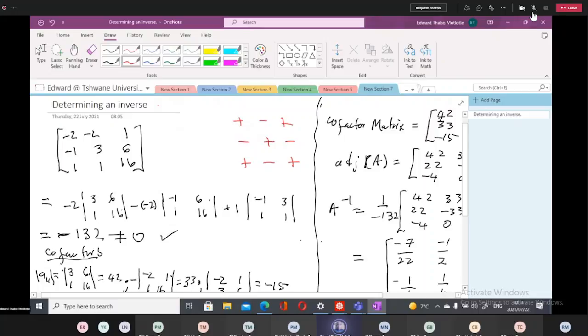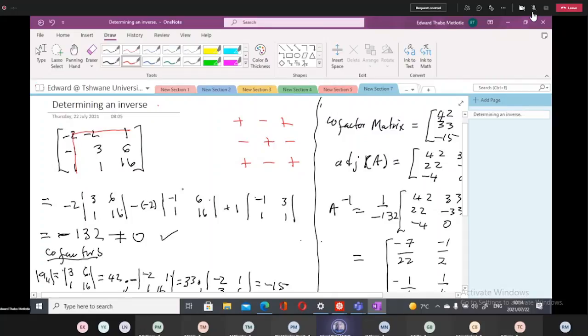You start by hiding. The first one, this is how I hide: you hide the top row and the column, so you have 3, 6, 1, and 16.